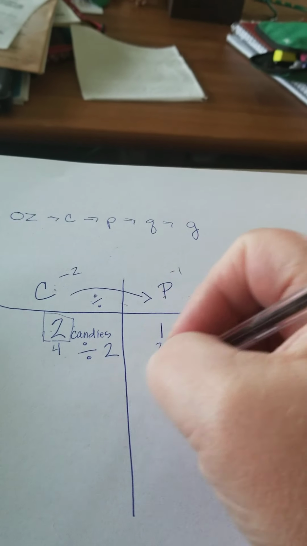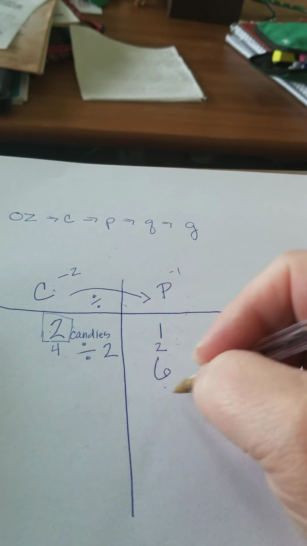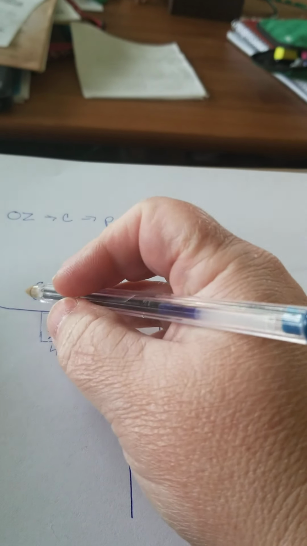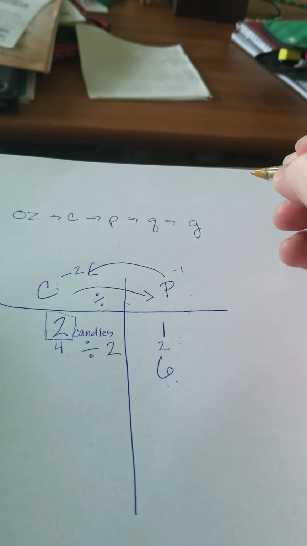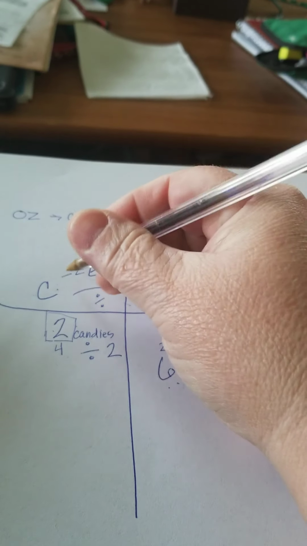So if they give me the 6 of the larger measurement and then they want me to go to the smaller, that's right, we multiply because we're going backwards.